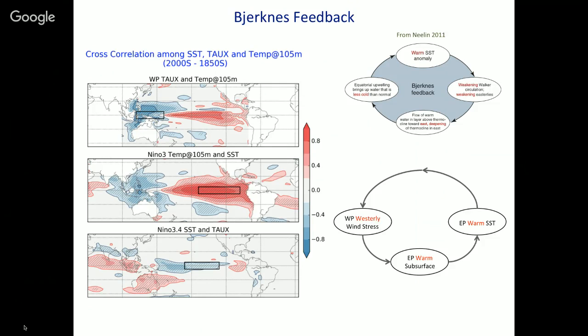The first figure is essentially this cross correlation between westerly wind stress and the subsurface temperature. So over this box, you can create an index of westerly wind stress, and then you can correlate it with the temperature everywhere. Am I making sense?